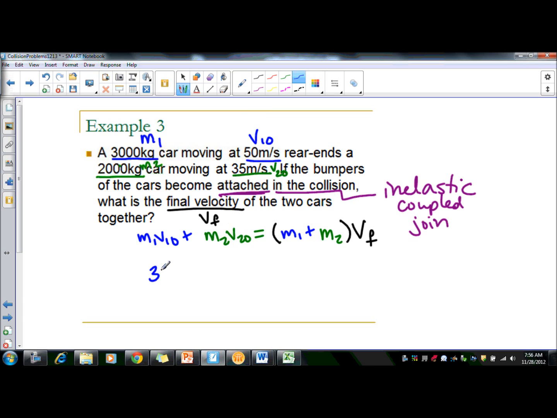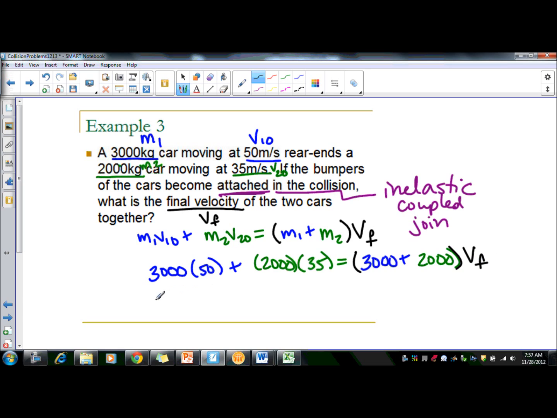So M1 is 3,000, V1 naught is 50, plus M2 is 2,000, times its velocity of 35, and that's equal to M1, which is 3,000, plus M2, which is 2,000, times the VF.